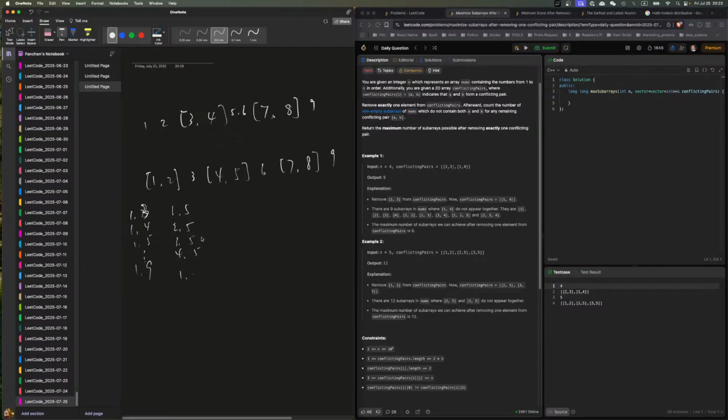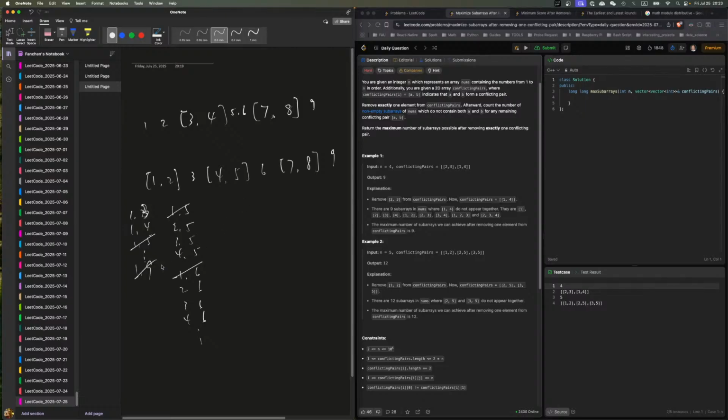And then 1, 6, 2, 6, 3, 6, 4, 6, and all the way. So all the 1, 5s are gone. So 1, 5, 1, 6, 1, 7 all the way to 1, 9 is gone.